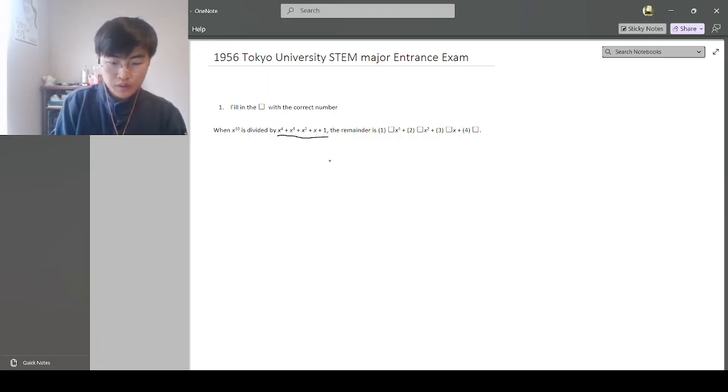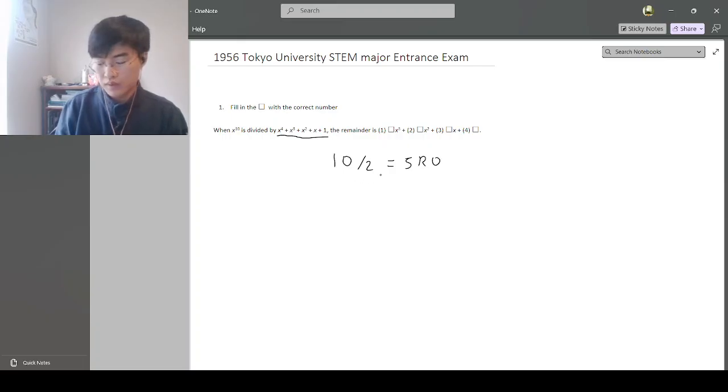So for example, if I have 10 and I divide it by 2 one time, I get 5. If I try to divide it again by 2, it has a remainder of, let's say, 0 in this case.